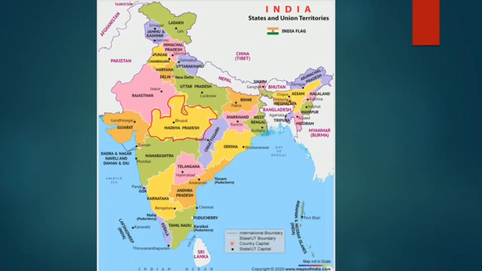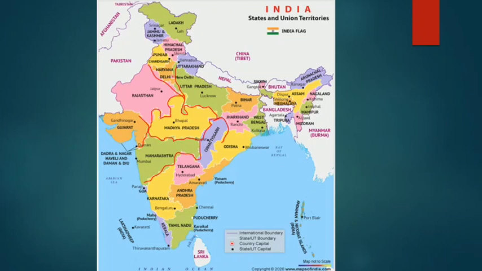And if you study further, you can understand that it is sharing its boundaries with states like Gujarat, Rajasthan here, Uttar Pradesh, Chhattisgarh, Maharashtra. You can understand that these are the states with which Madhya Pradesh is sharing its boundaries.